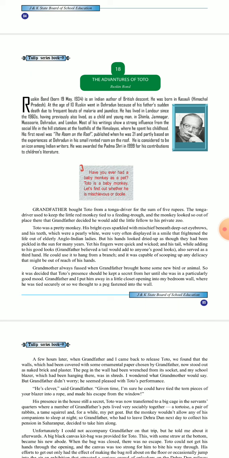His bright eyes sparkled with mischief beneath deep-set eyebrows, and his teeth, which were a pearly white, were very often displayed in a smile that frightened the life out of elderly Anglo-Indian ladies. But his hands looked dried up as though they had been pickled in the sun for many years.